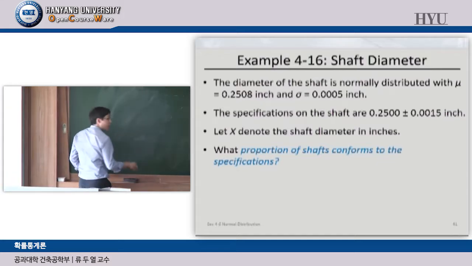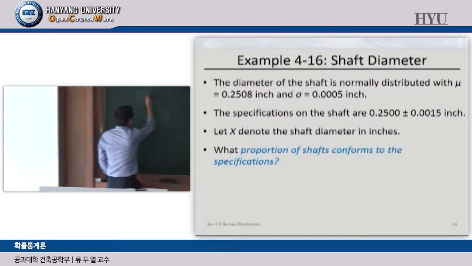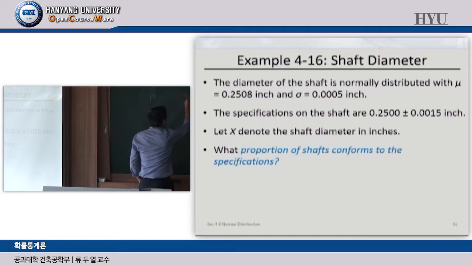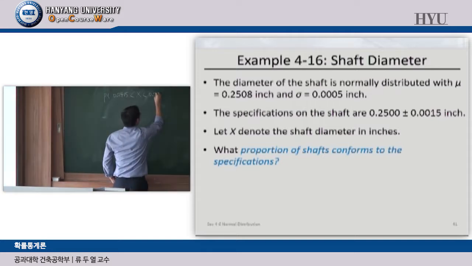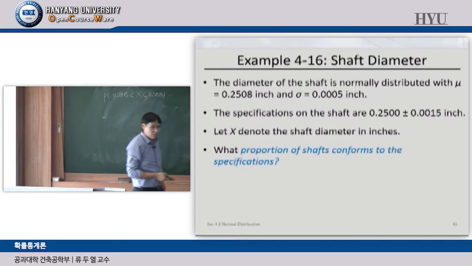In this case, we have to find the probability of x when x is between 0.2485 and 0.2515, right? Why? Because the specifications on the shaft are 0.25 plus or minus 0.0015.